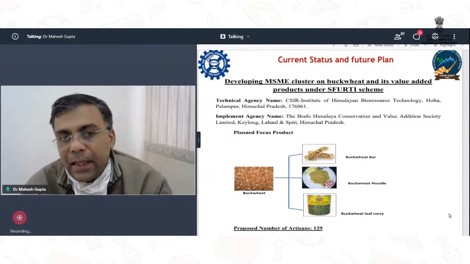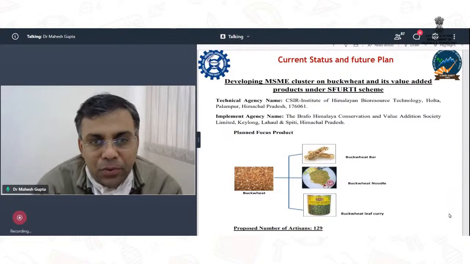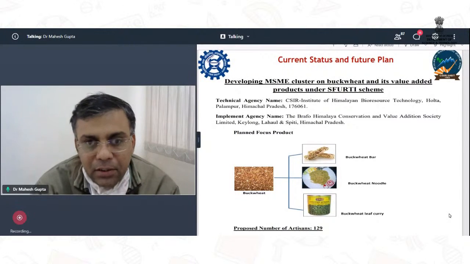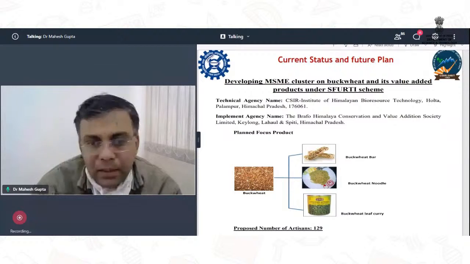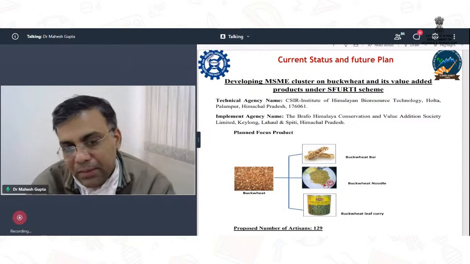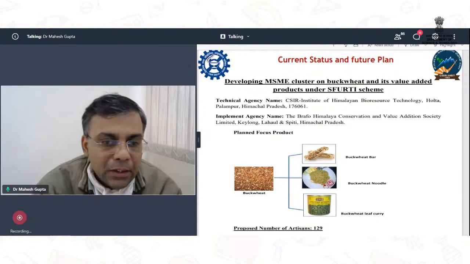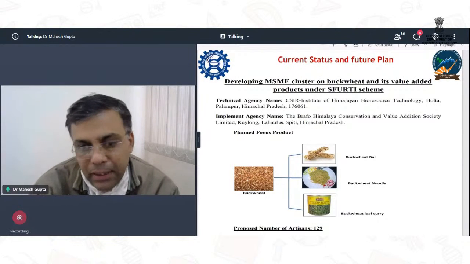This is one story I want to tell you regarding buckwheat. We have given this technology to one of the societies, and they are now ready to install a cluster under the MSME cluster scheme of SFURTI. They have altogether 129 artisans, meaning the growers as well as the manufacturers as well as the marketing persons. So they make a group of 129 artisans.